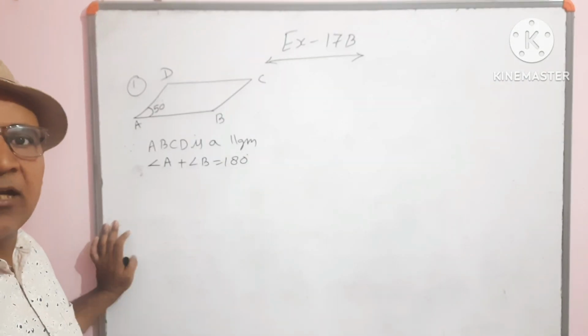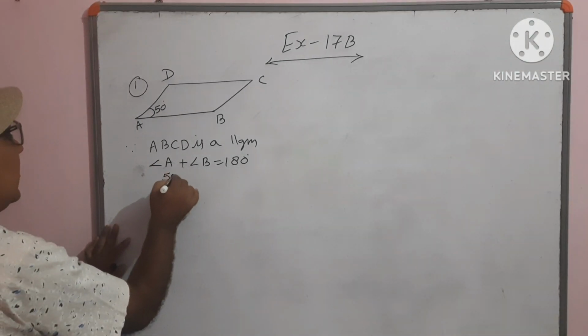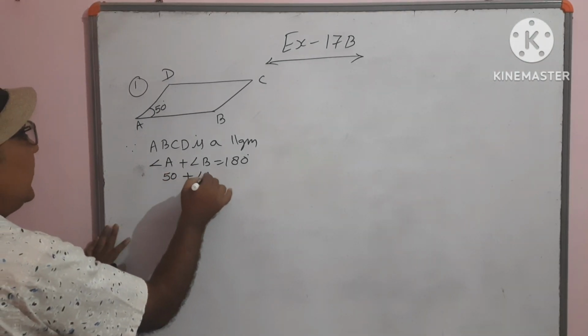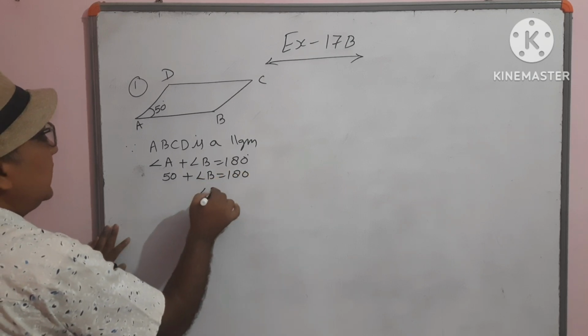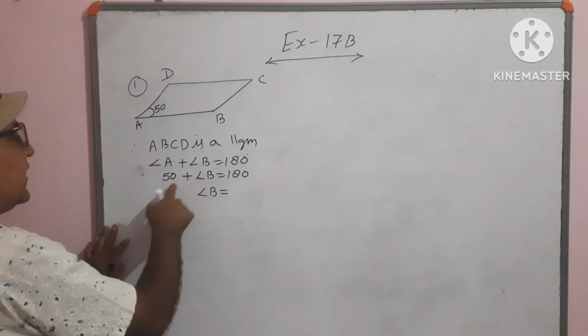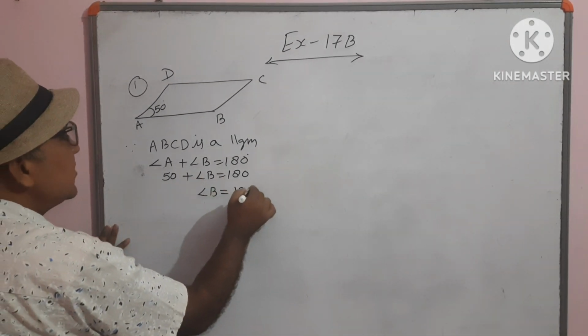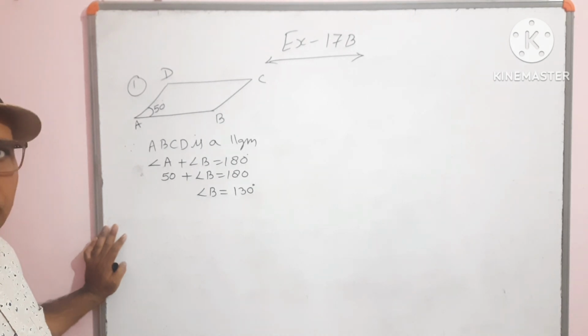This property we are going to apply here. Now angle A is given 50 degrees. So 50 plus angle B is equal to 180. That means angle B is equal to 180 minus 50, that is 130 degrees. So second angle we have got.